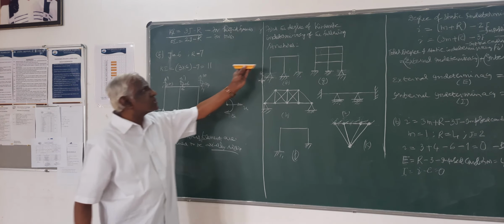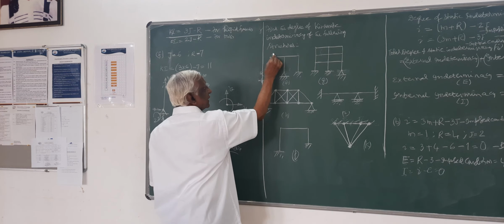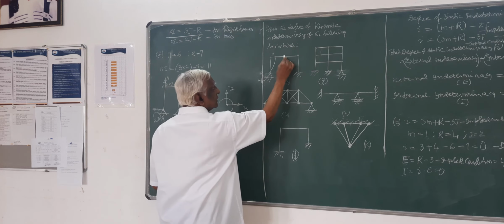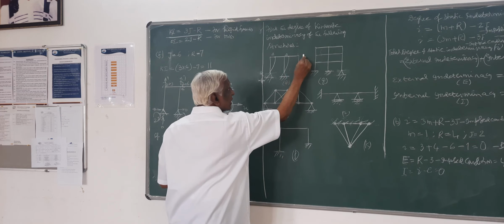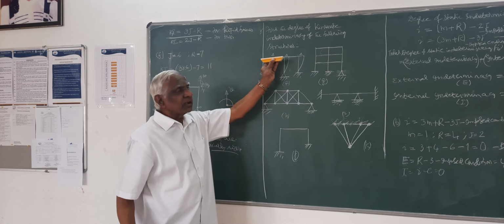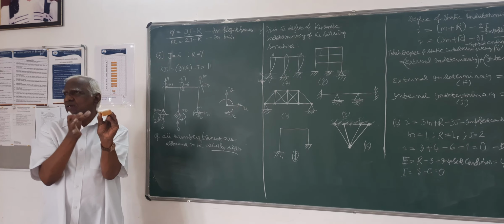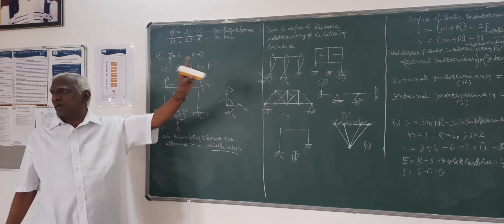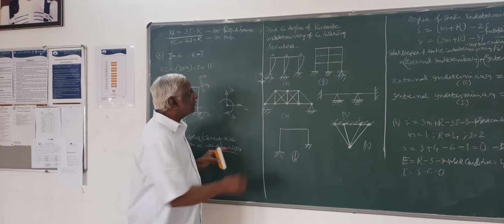If at all it moves due to load, it simply moves. Whatever movement this joint has, this joint also will move by the same amount, and this also will move by the same amount. Bodily it moves. There won't be any elongation or compression of any of the three members. They move by the same amount. Likewise, if this moves, this also should move by the same amount.